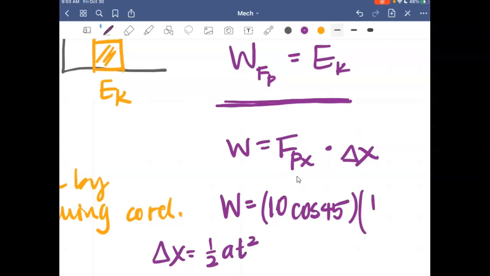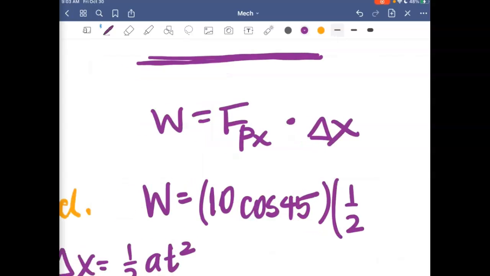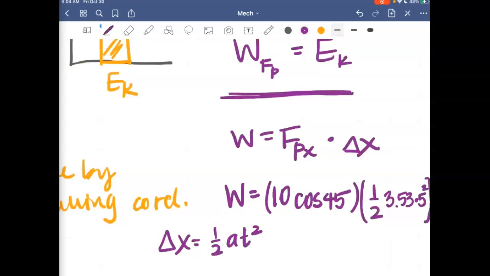We'll put this in here: 1/2, the acceleration we found earlier, which was 3.53, times 5 seconds squared. That would be the work done, which is the change in kinetic energy. And if you do all that mathy business, you get 312 joules.